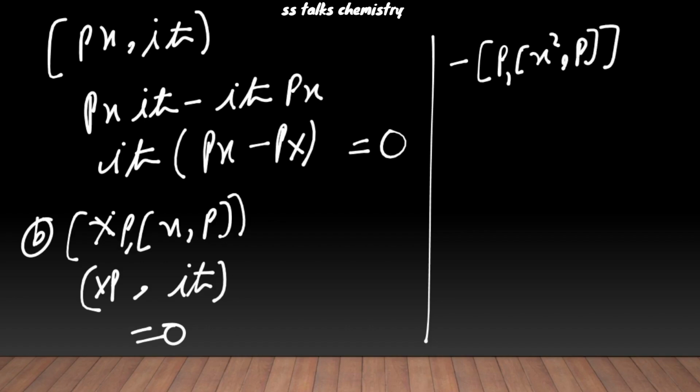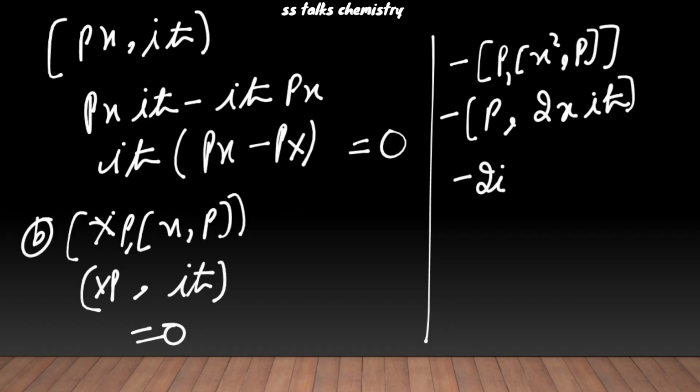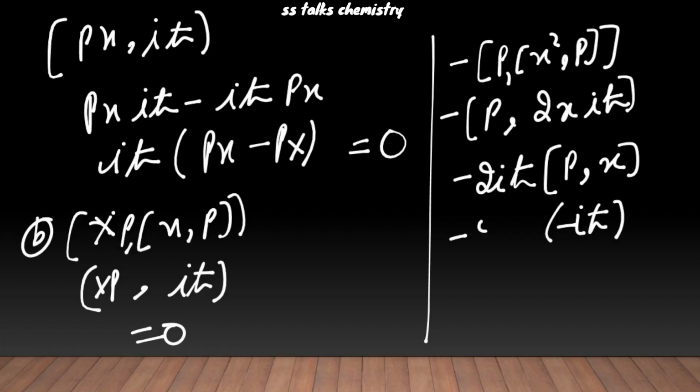Right, so now this value will come out as 2x into iota h cut. We will be getting this commuting with p, and here this negative sign. So the constant value, minus 2 iota h cut, comes outside. It will be p and x. So this comes out as minus iota h cut into minus 2 iota h cut.